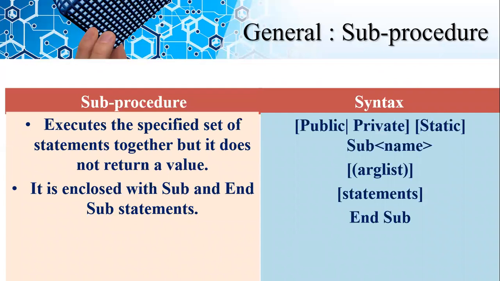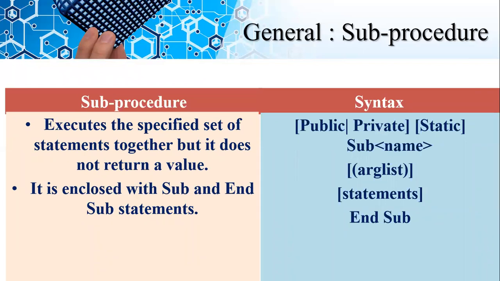Then another type of general procedure is the sub procedure. A sub procedure executes a specified set of statements together, but it does not return a value. If you compare the sub procedure with the function, a function should return a value to the calling procedure, but a sub procedure does not return a value.